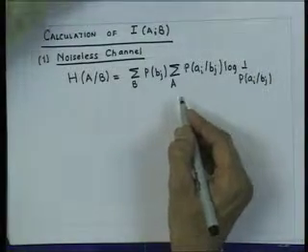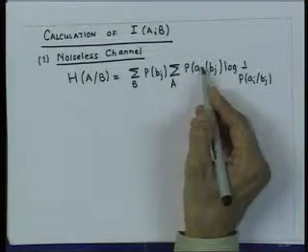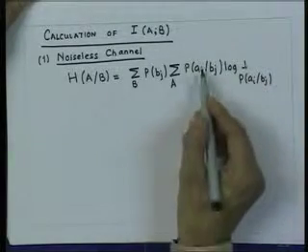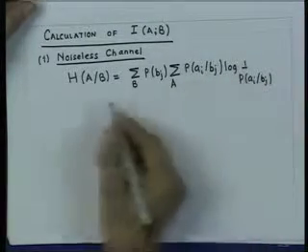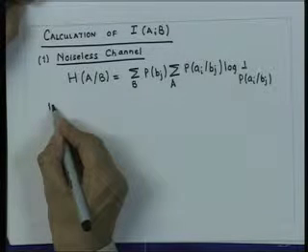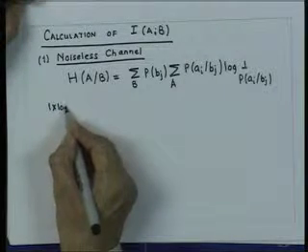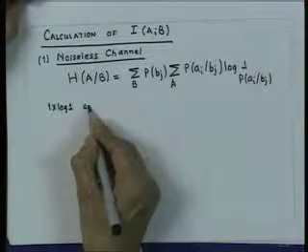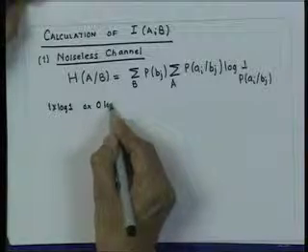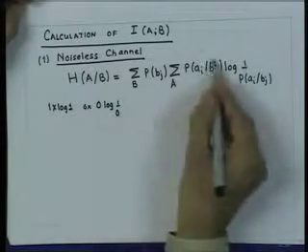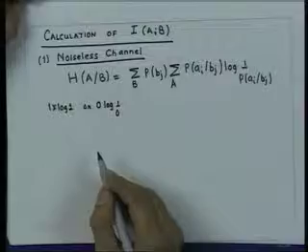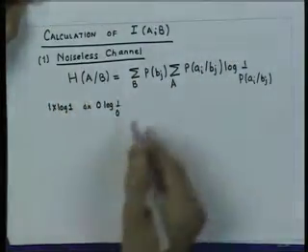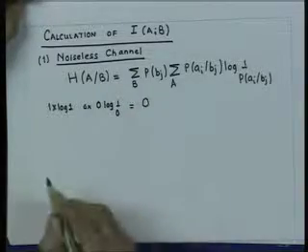Now, each term in the inner summation is of the form 1 multiplied by log 1, if the probability is equal to 1, or 0 multiplied by log 1 by 0 if this quantity is 0. It implies that H of A given B will be equal to 0.